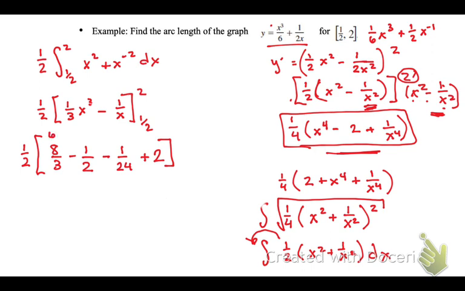So 64, because 24 is my common denominator, right? Yeah. So that'd be 64 minus 12 minus 1 plus 48. So 102 minus 13. 189.